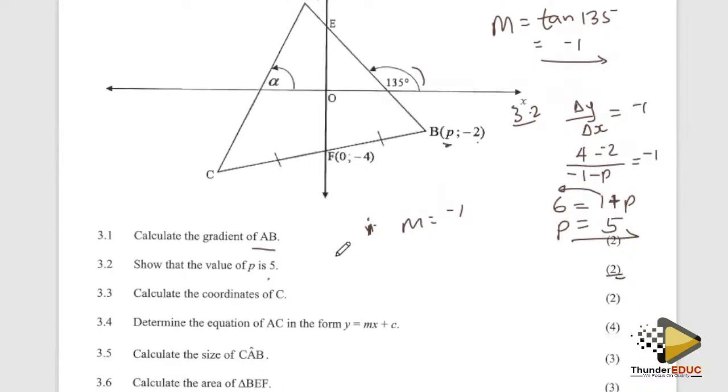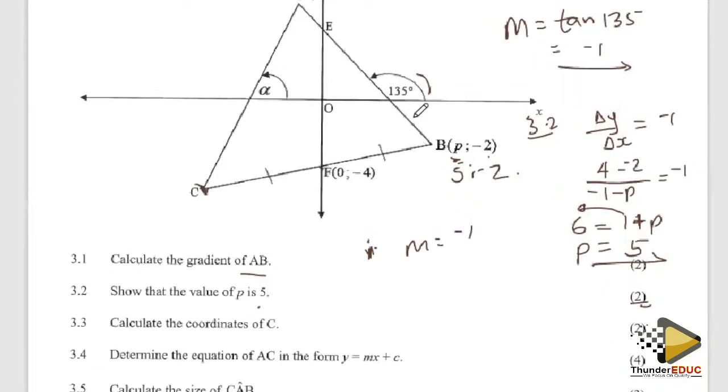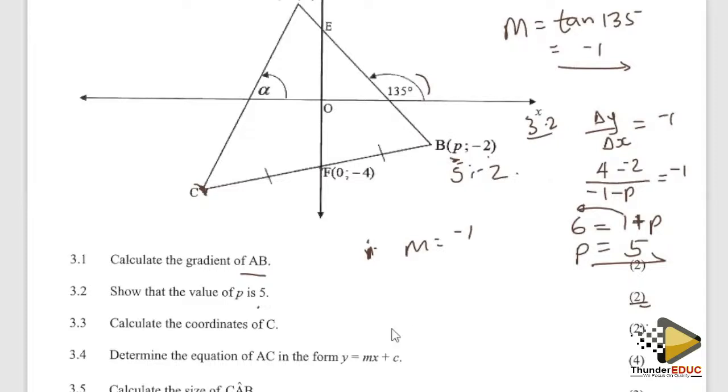Then they want the coordinates of C. What is C? After getting P as 5, we have F as our midpoint. Then we can use the midpoint method to find the coordinates of C. So I'm going to say x plus 5, divided by 2, must give me the midpoint value of x, which is 0. Cross multiply, which means x is -5.